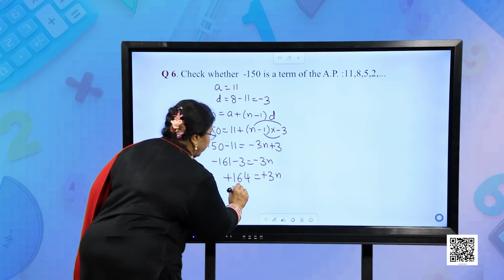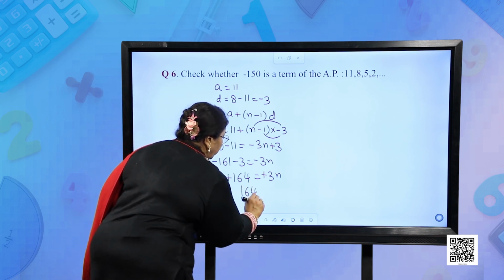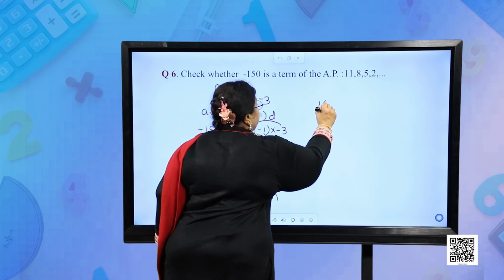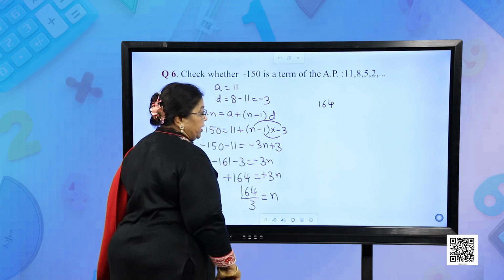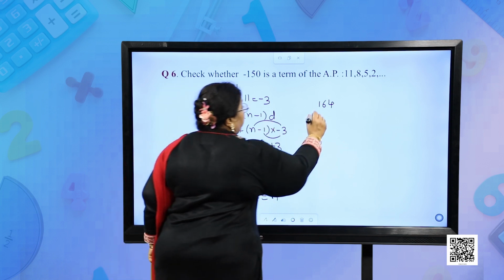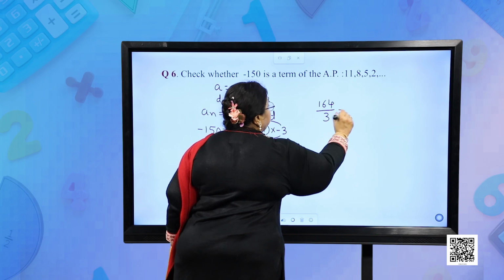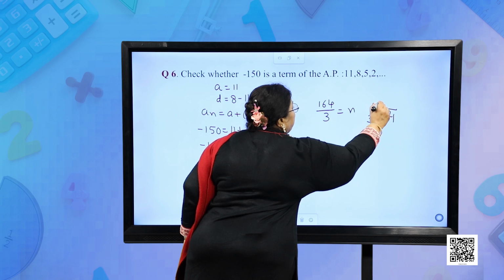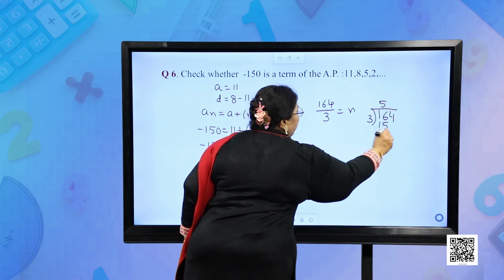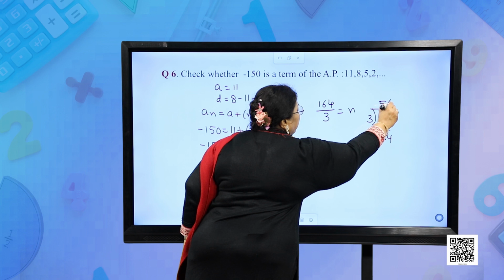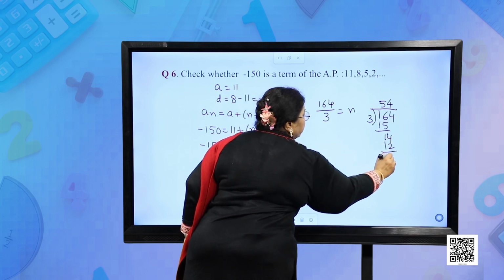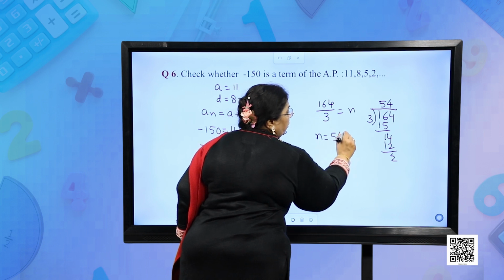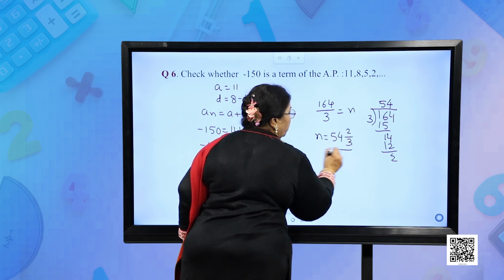Now, let us find out the value of n. 164 upon 3 is equal to n. Now, 164, see 6 plus 4 is 10, 10 plus 1 is 11. So, it is not divisible by 3, right. 164 by 3, 3 5s are 15 and 3 4s are 12. I am getting n as 54 2 upon 3, it is not a whole number.